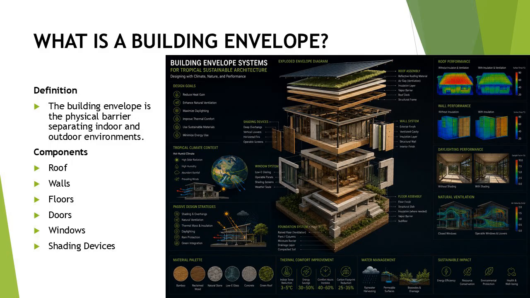Its performance determines how effectively a building protects occupants from environmental extremes. When architects make decisions about roofs, walls, windows, and materials, they are making environmental decisions. Therefore, understanding the building envelope is fundamental to climate responsive design.